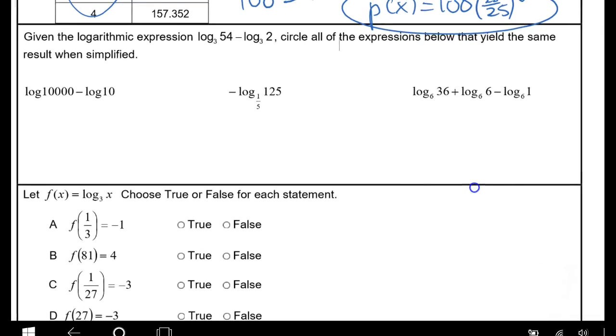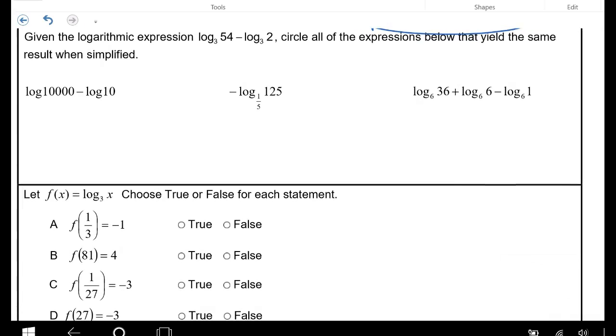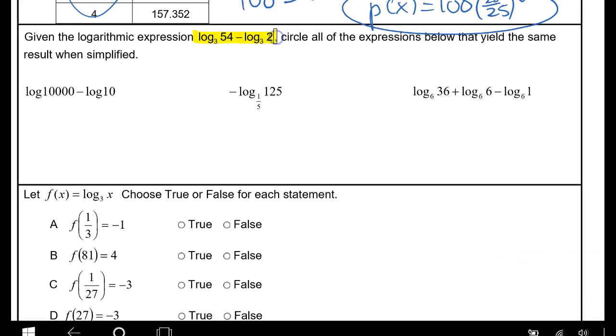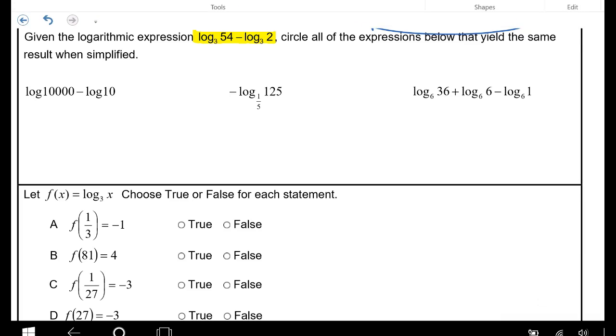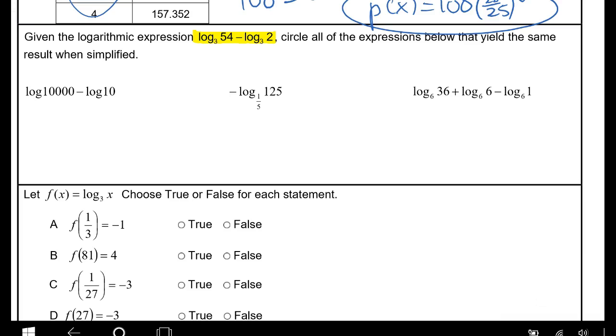Okay, so you're given this expression: log base 3 of 54 minus log base 3 of 2. So we've got to go back to our properties of logs. And the properties of logs tell us that when we have a log minus another log, we're going to use the quotient property.